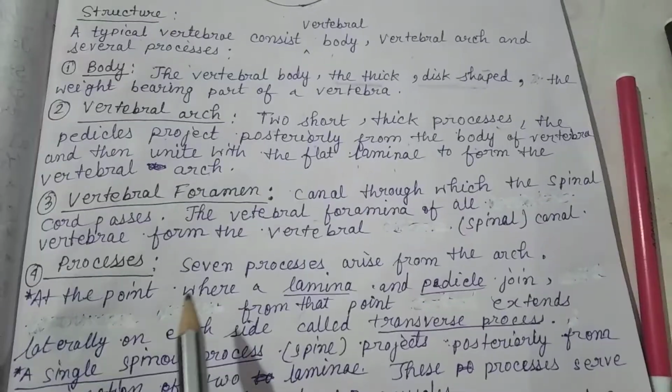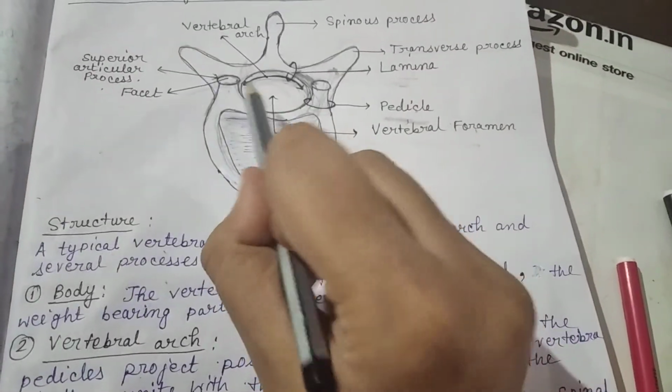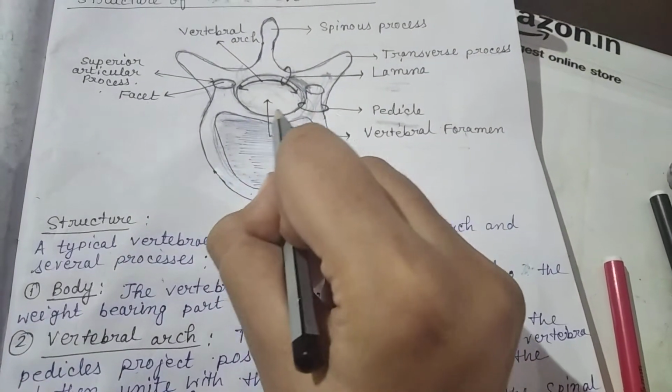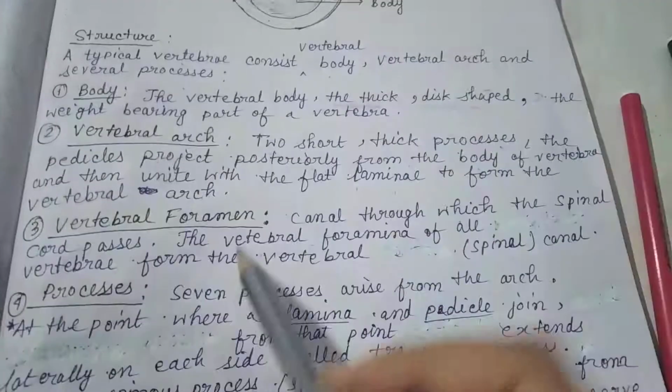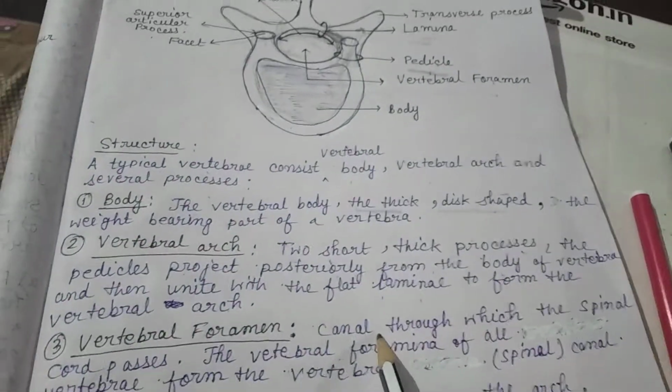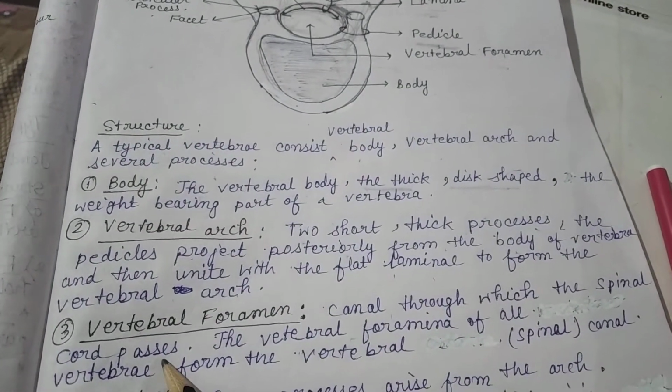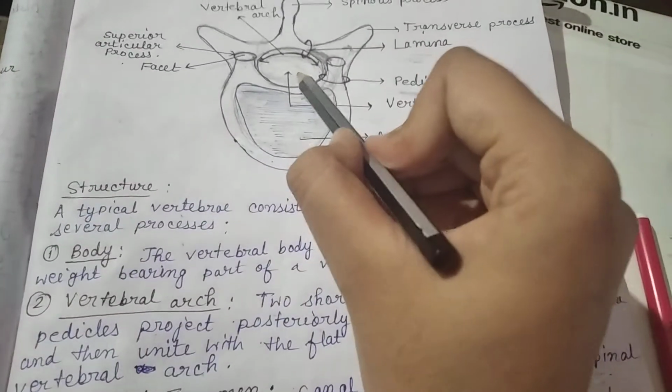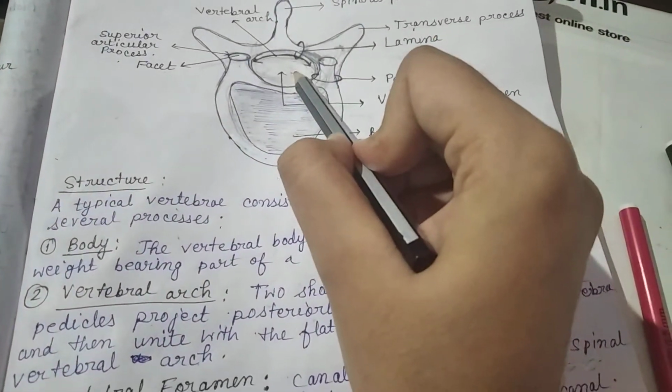After that, the vertebral foramen. This whole structure is the vertebral foramen. It is the canal through which the spinal cord passes.